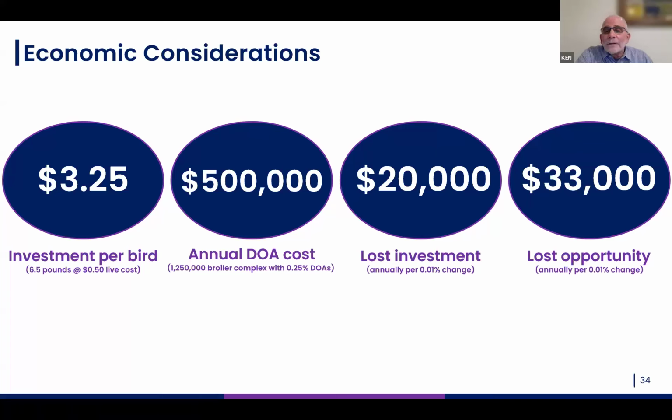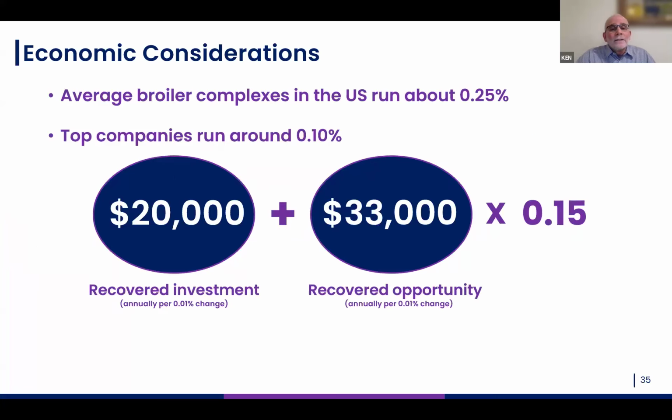But then you have to consider the lost opportunity. So the revenue that you're not now going to be able to generate from that bird, selling the meat and byproducts. And for every 0.01% change, that's another $33,000 in lost opportunity. Okay. So if we consider that in the US, the average broiler company runs about 0.25% DOAs, and the top companies run around 0.1% DOAs.